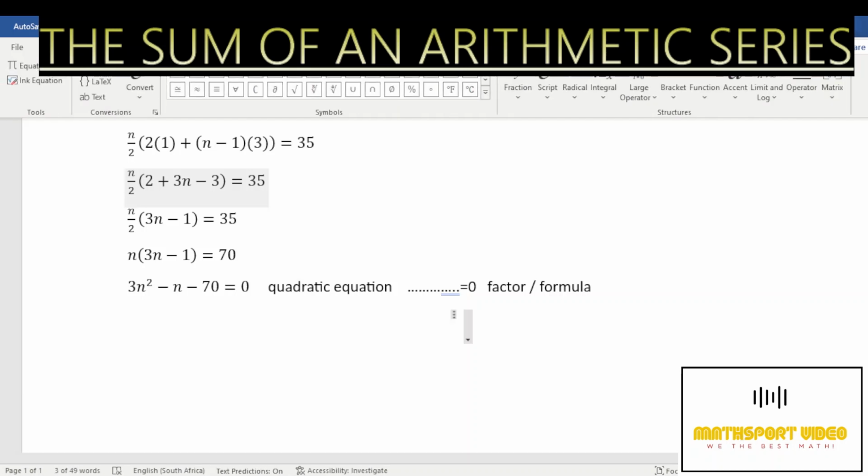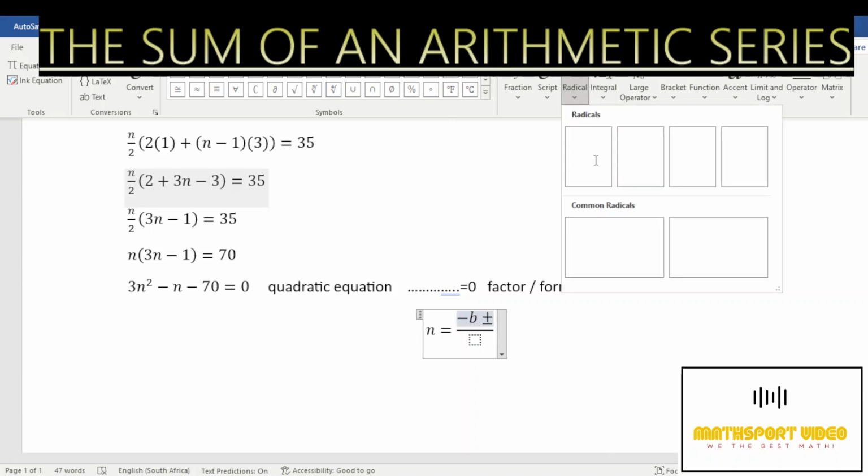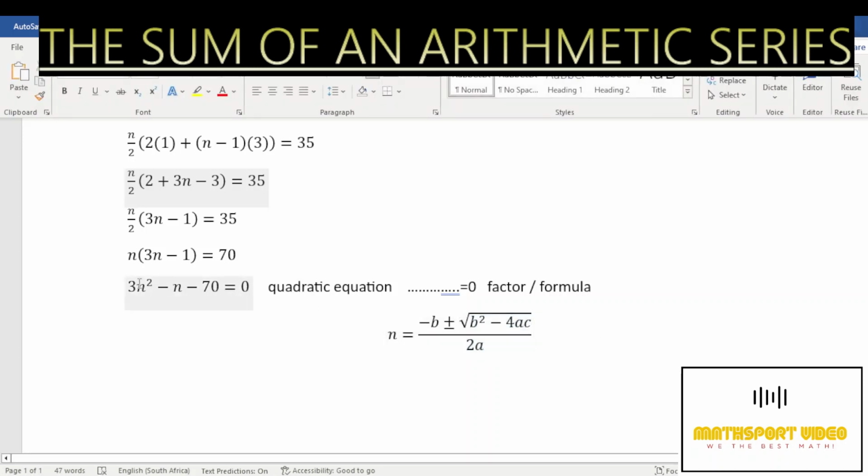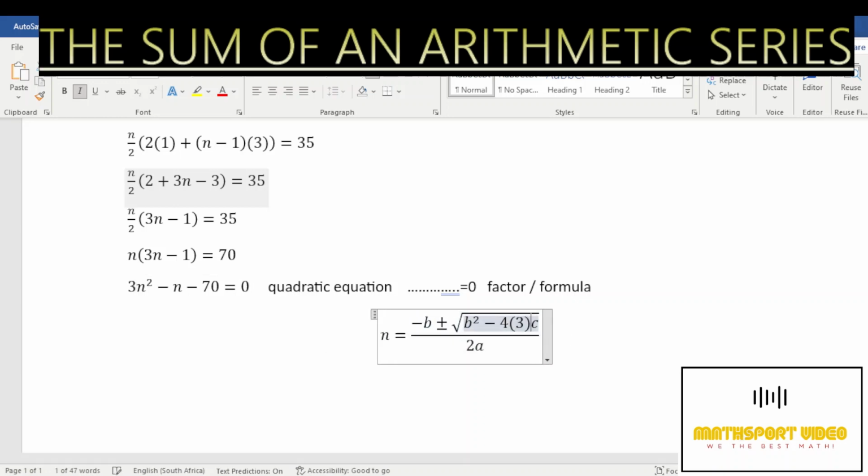We're not going to say x equals, we're going to say n equals, and then we can use the formula negative b plus minus the square root of b squared minus 4ac divided by 2a. Now the a value here is 3, so where there's an a, I'm going to replace with 3, like there and there. Remember to use brackets, guys.